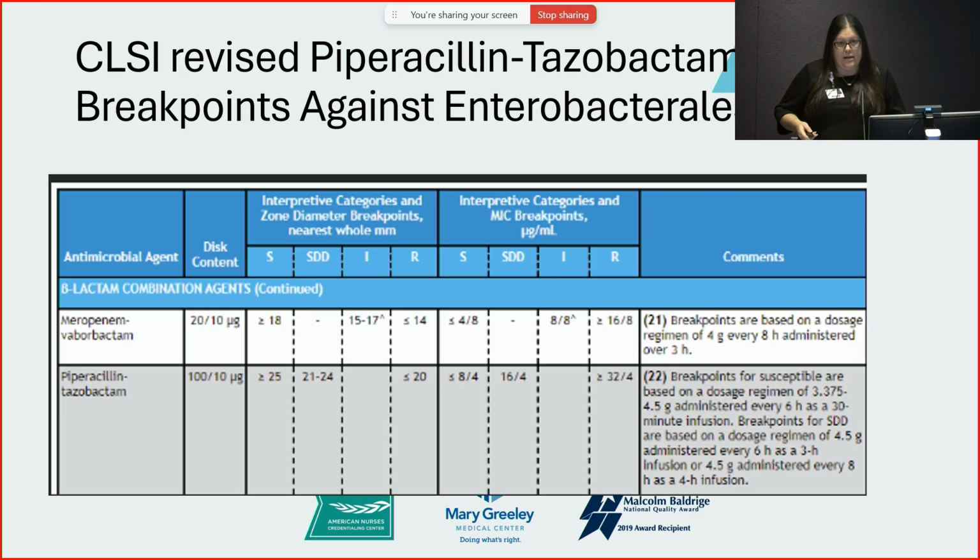But based on the latest guidelines out there, they added a category, sensitive dose-dependent, for piperacillin-tazobactam. So if a provider were to see that, they might think, it is sensitive to tazo, but I need to use greater dosing than I usually do.